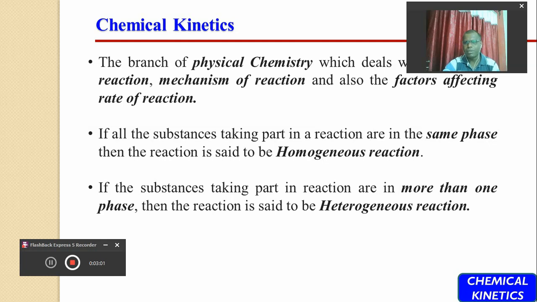In chemical thermodynamics, there are different terminologies like state function, Gibbs free energy, Helmholtz energy. A state function is a function which depends upon the initial and the final state of the system.